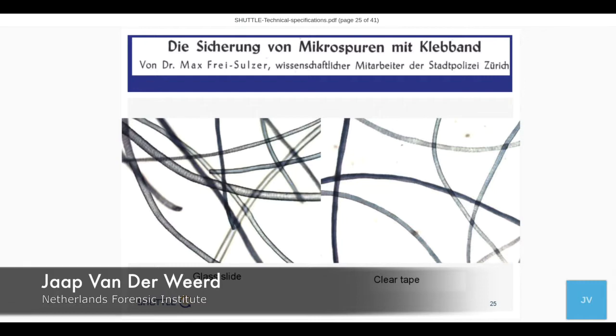There's also some research in that. I'm afraid I can't show you the difference. What you see here on the left are wool fibers from a glass slide. The glass slide is the basic gold standard. Glass slides give a very nice image and are used as a default in forensic labs at the moment. What you see on the right is a clear tape, a tape that was selected by us to provide good image quality.